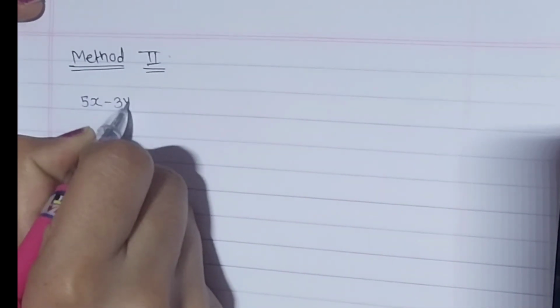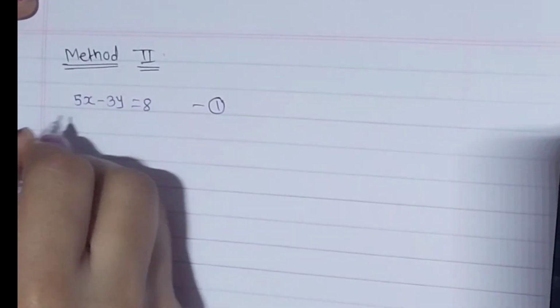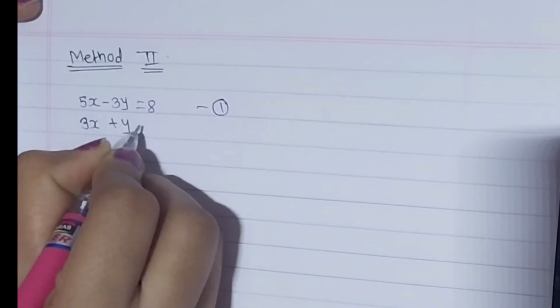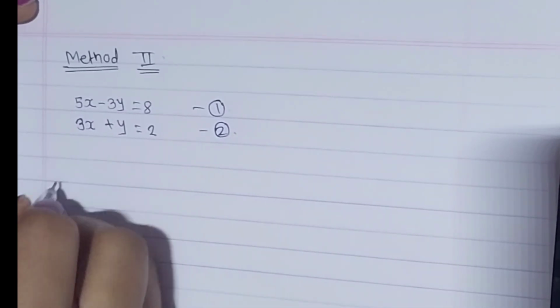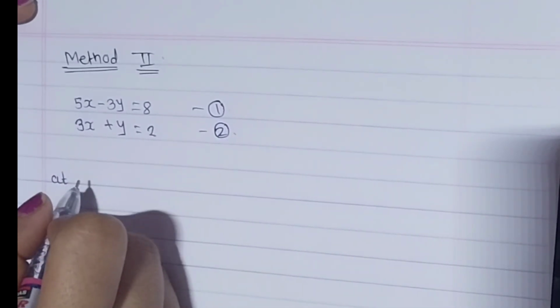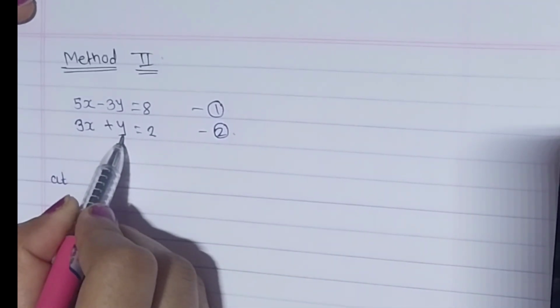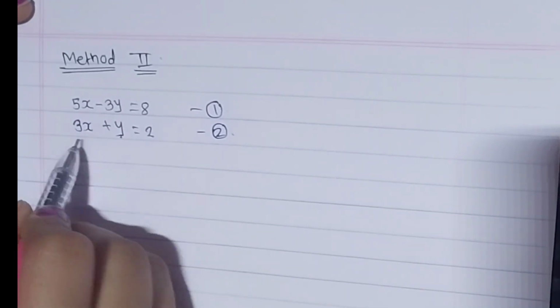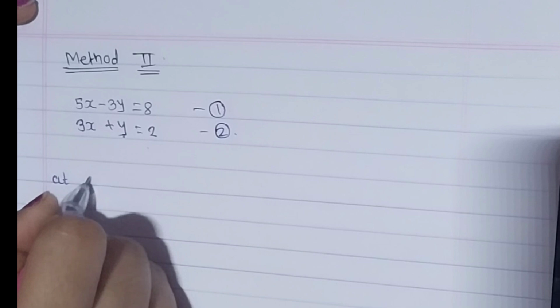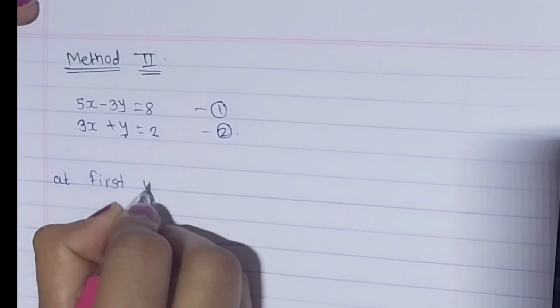Now we see method number 2. First we write both the equations which are given. 5x minus 3y is equal to 8, equation 1, and 3x plus y is equal to 2. This is equation number 2. When we are given such types of equations where one of the two variables is single, we write the equation for that single variable.